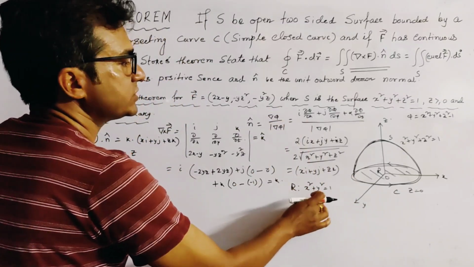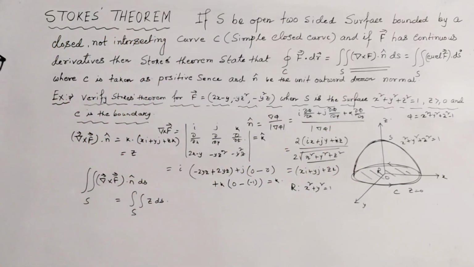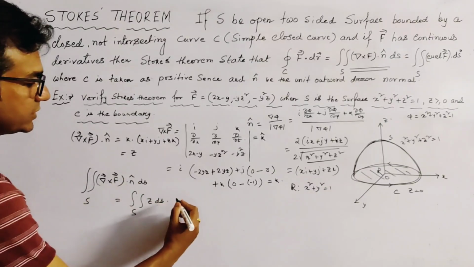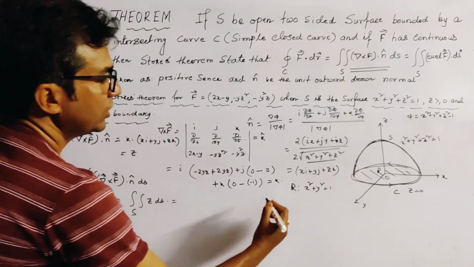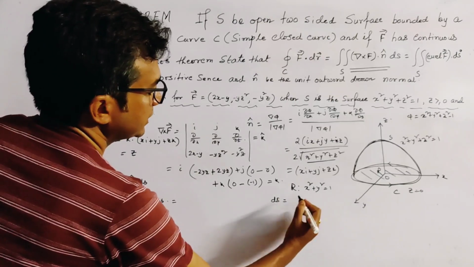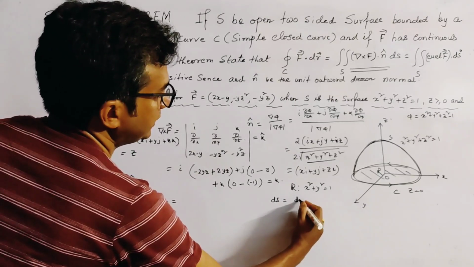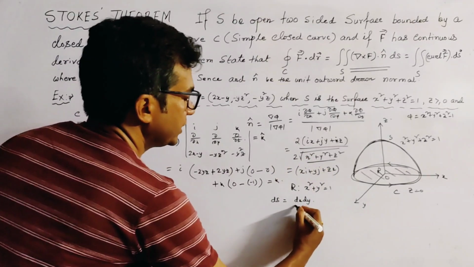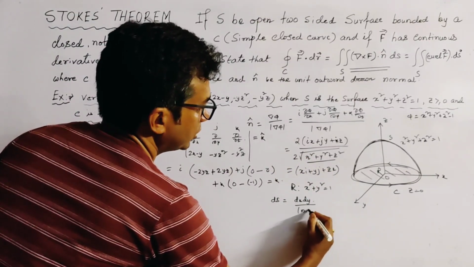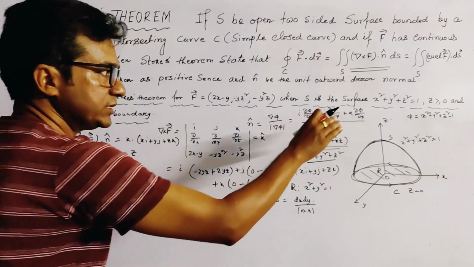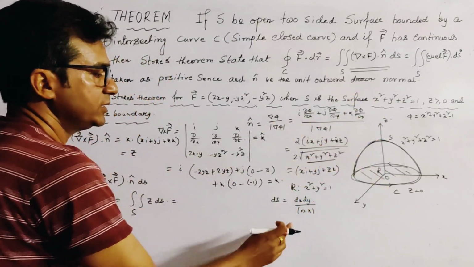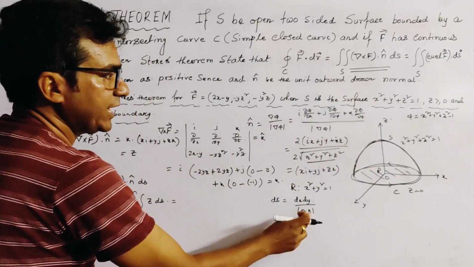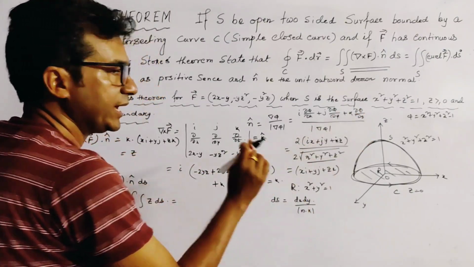Then dS is equal to dx dy by mod n dot k, because we project this surface on the xy plane, so the normal of the xy plane is k and the normal of this surface is n.